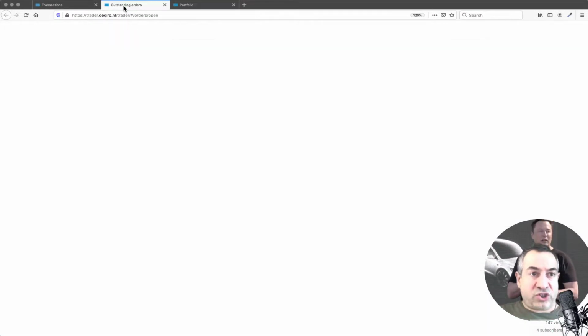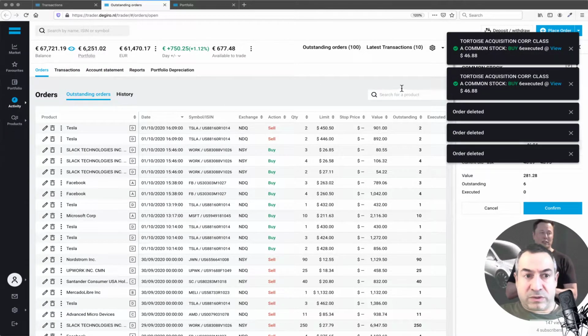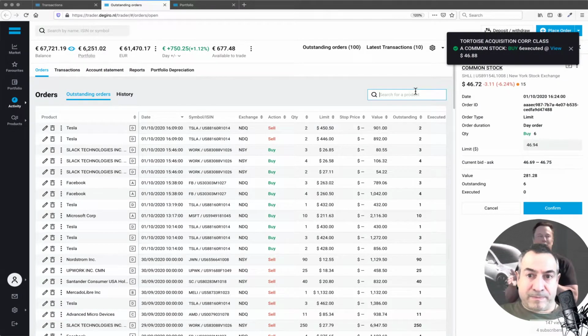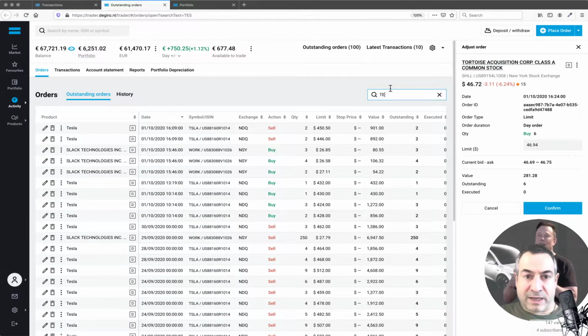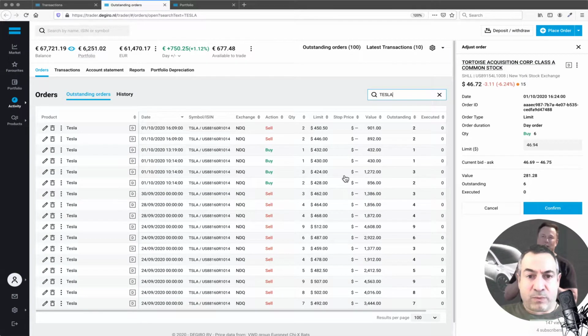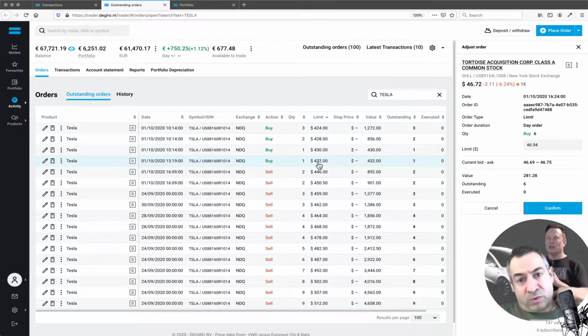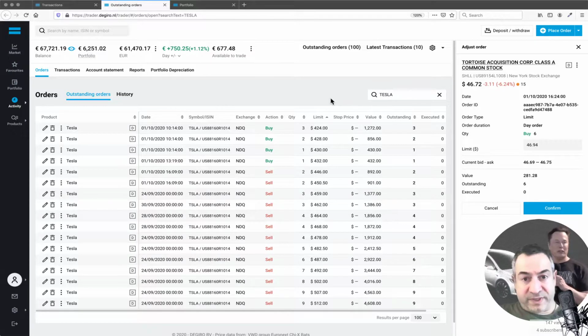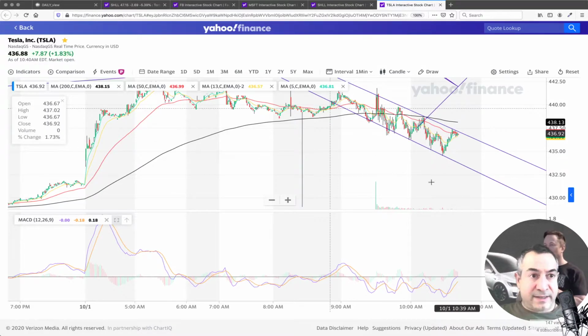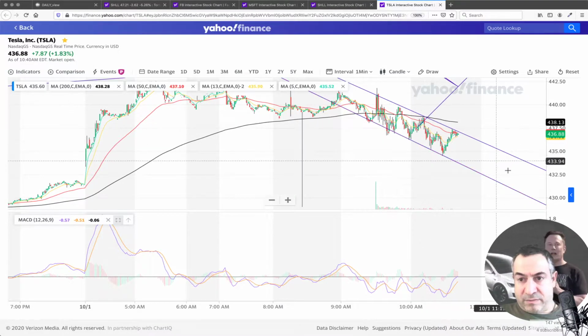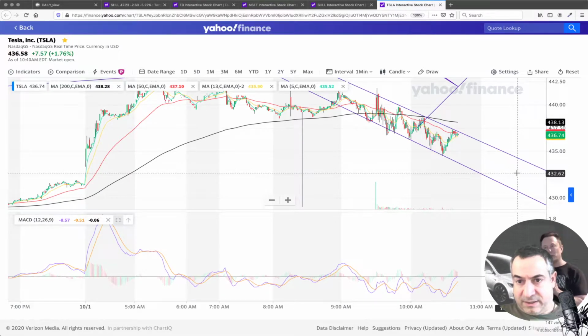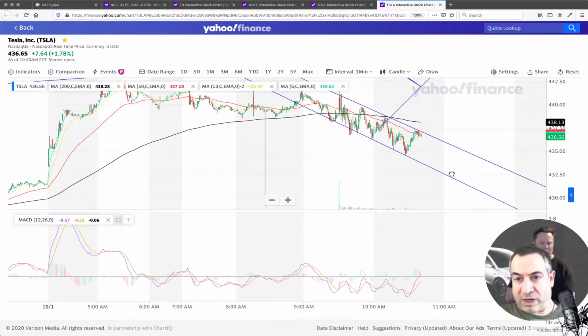We can check at what levels we set Tesla, and we can see already that if we sort by price, we're going to buy at 432 next, in probably half an hour, more or less.